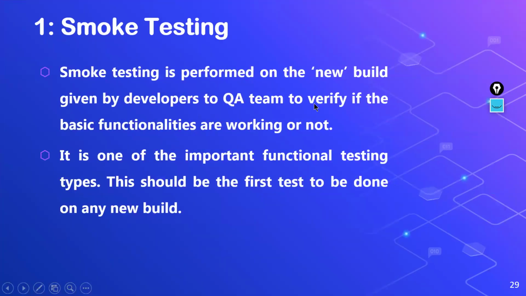and look at the presentation, now I will discuss what is there in the presentation for these four types of testing. See, we started with smoke. I told you that smoke we'll be doing on our new build, which is provided by developers to the QA team. And in this new build, we'll simply verify whether the basic functionalities are working or not. That's it.